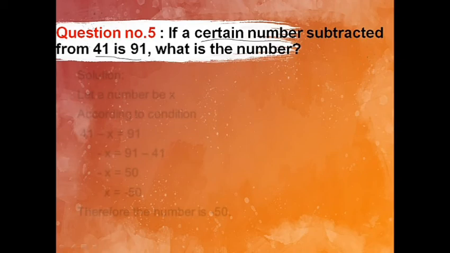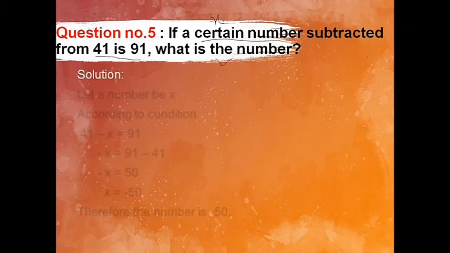So if we take that certain number as x, then 41 minus x equals 91. It will be our equation, and then we will simplify that equation to take out the value of x, and whatever value of x we get will be the number.